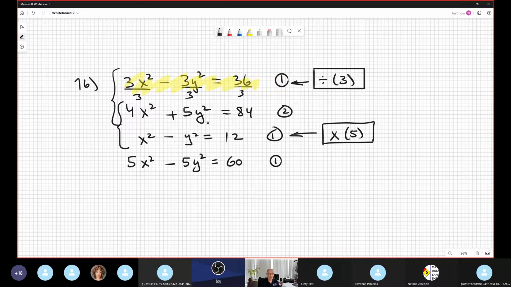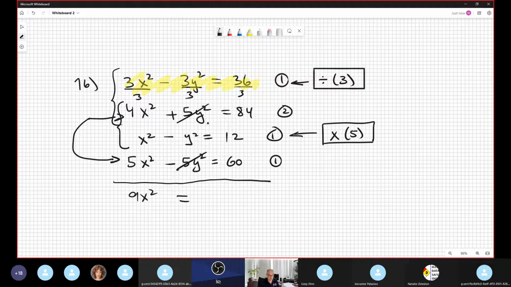Okay, now you add this equation number 2 and the new equation number 1. By the way, we are doing 2 transformations from the original. Okay, you have 9x squared, guys. This cancels out. Boom, boom. This was the intention. And we have 144, which is 60 plus 84, no?